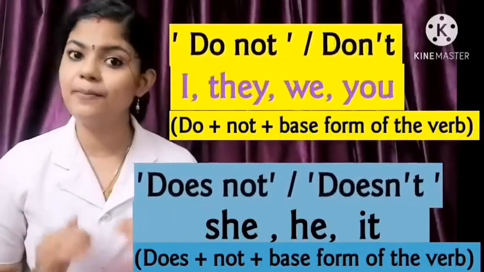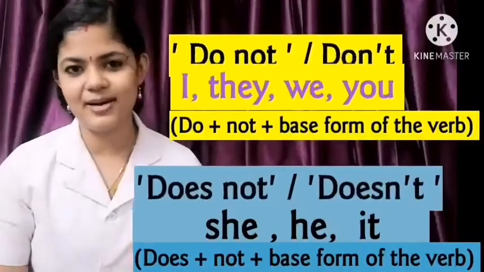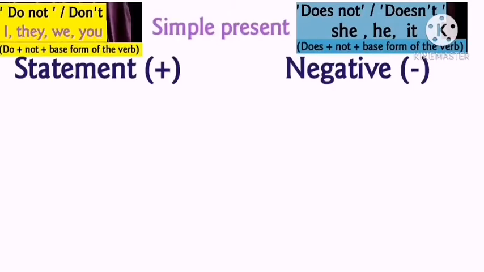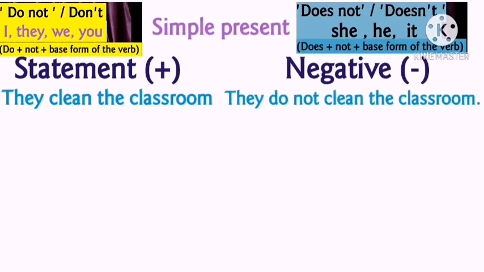Now let us see some more examples, then you can understand more. They clean the classroom. This statement is in simple present tense. The subject is plural, so we have to add do not. Then the sentence will be they do not clean the classroom.